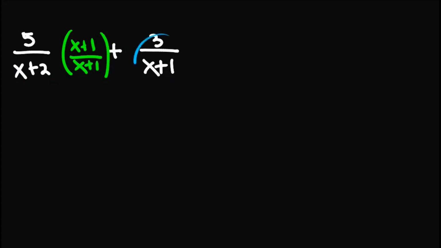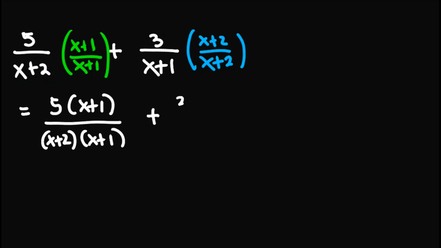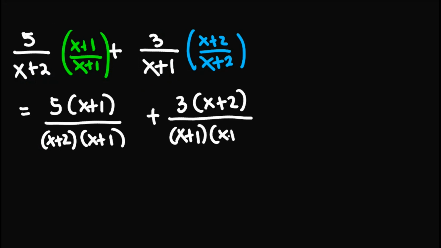And for this one, we'll multiply x plus 2 all over x plus 2. Simplifying, this becomes 5 times x plus 1 all over x plus 2 times x plus 1 plus 3 times x plus 2 all over x plus 1 times x plus 2.